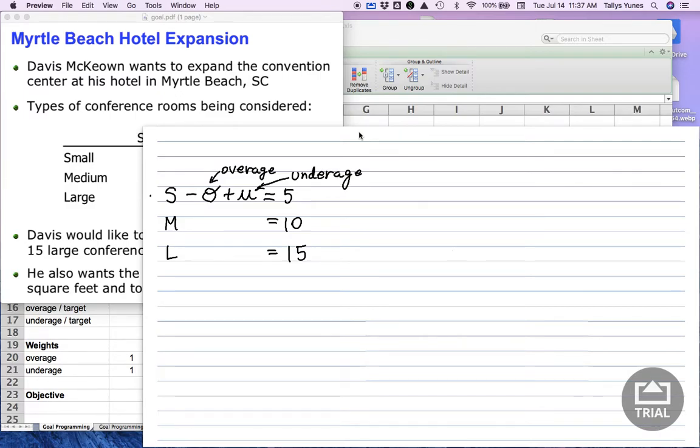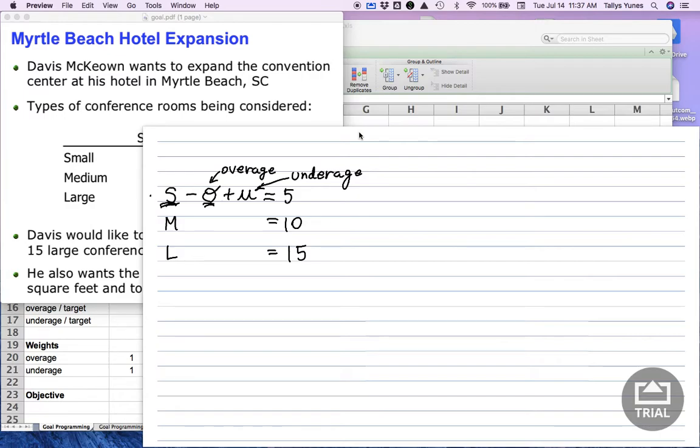Again, that is to say, if S wants to be larger than 5, there's going to be an overage. By how much are you greater than 5? I subtract that amount from S, and that brings me back to 5.